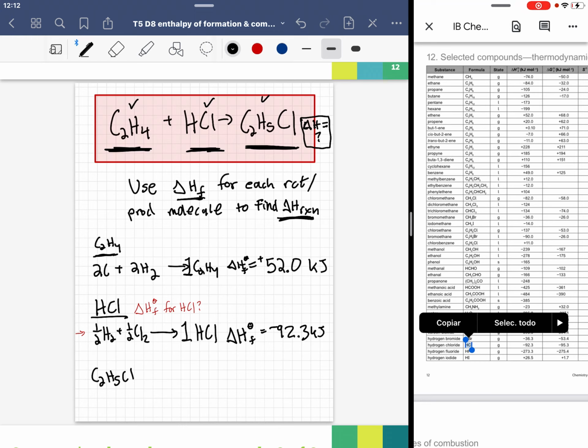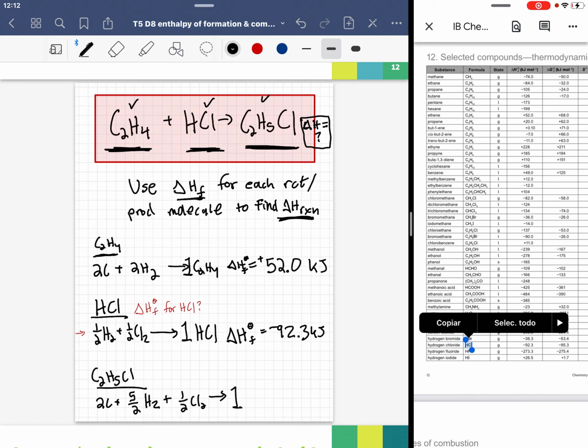And now I have C2H5Cl. All right, how would I form that? Well, I need 2 C's plus 3/2 H2s. Sorry, not 3/2, 5/2, to get it to balance. 1/2 Cl2 yields 1.